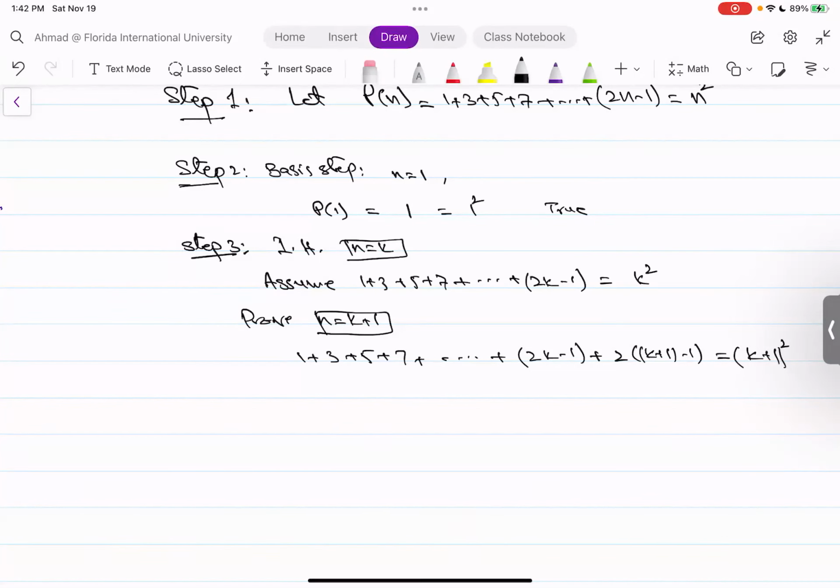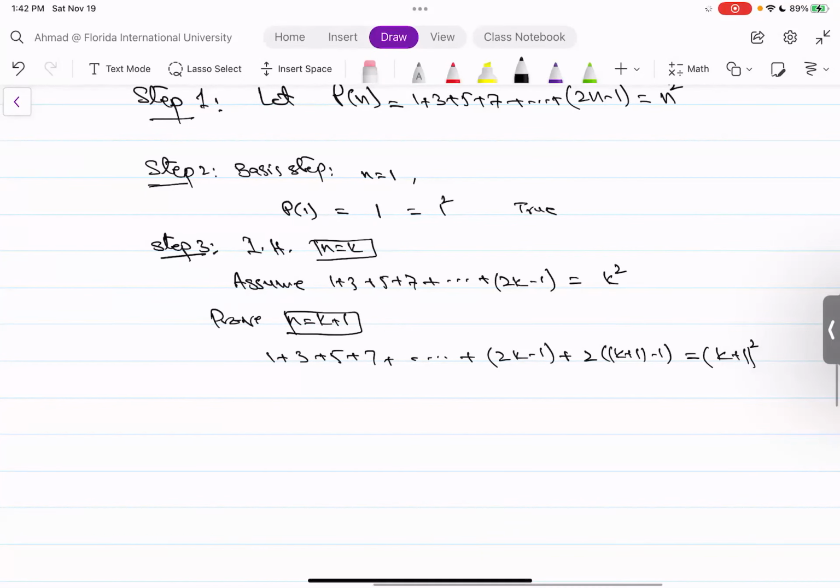Then what we can do is, we already know from our induction hypothesis that this whole is going to be equal to k square. We just need to substitute that. So now it is going to become easy, right?